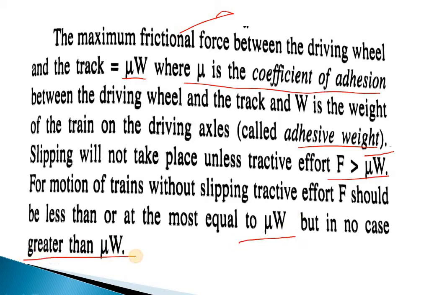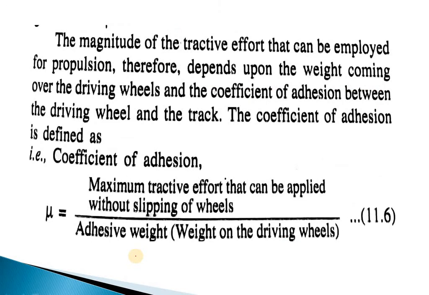So the main important thing is that mu is the coefficient of adhesion between the driving wheel and track, and W is the weight of the train on the driving axles, which is called adhesive weight, and slipping will not take place unless the tractive effort capital F is greater than mu W. Now the magnitude of tractive effort that can be employed for propulsion therefore depends upon the weight coming over the driving wheels and the coefficient of adhesion between the driving wheel and track.